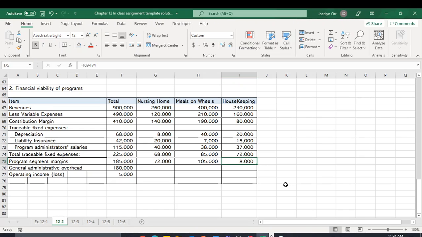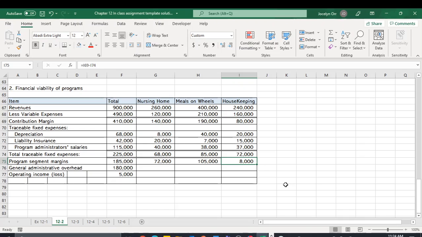Okay, so the explanation from the textbook on this format states that to give the administrator of the entire organization a clear picture of the financial viability of each of the organization's programs, the general administrative overhead should not be allocated.